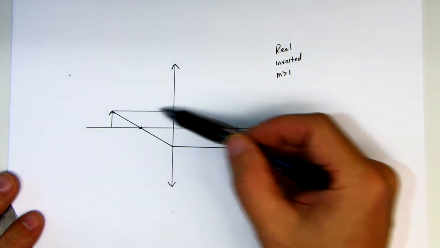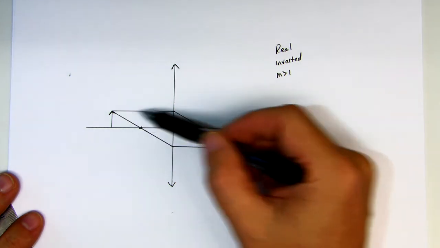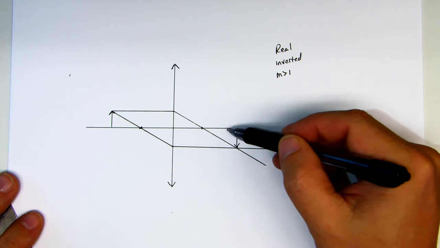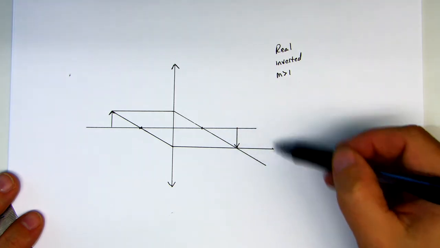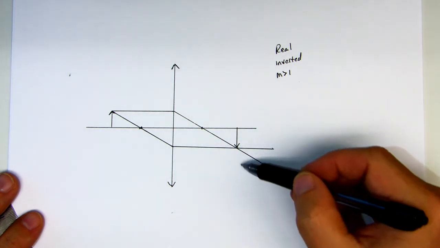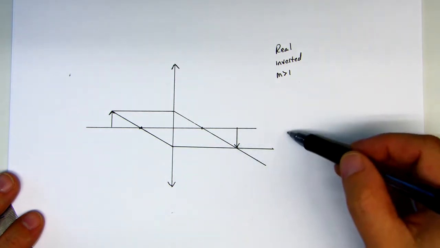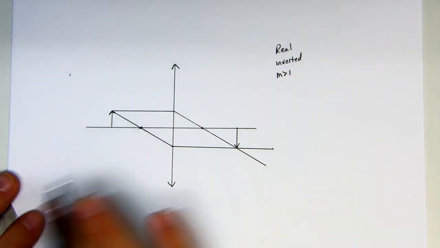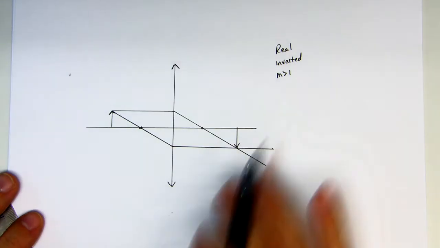Now if you notice, this line will always stay the same, this ray that goes in here and bends down. So really we're getting images along this cone or triangle part that we're looking at. So as this line moves down, we get this image, and then this image, and then this image, and that image. So if you want to think about what's happening as you move, that's what's going on.